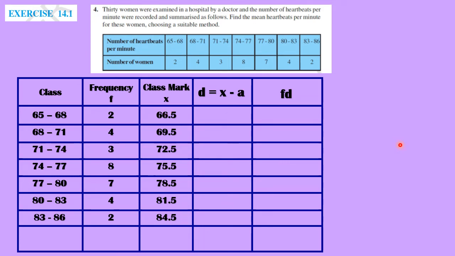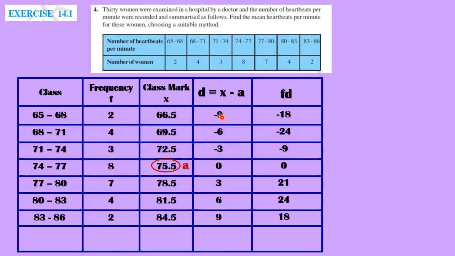Now we have to find which is the assumed mean here. Assumed mean, the middle one. Which is the middle one? Yes, 75.5 is the middle one. So that is the assumed mean. Now let us find the difference. Assumed mean we got.